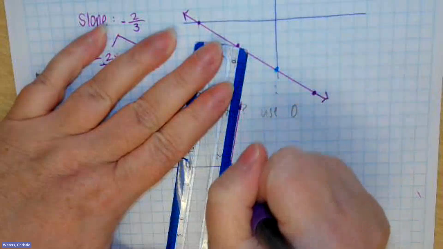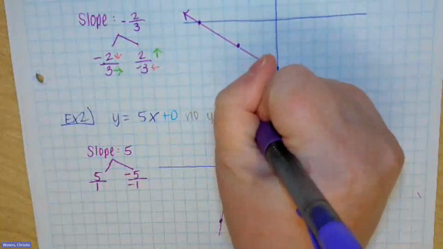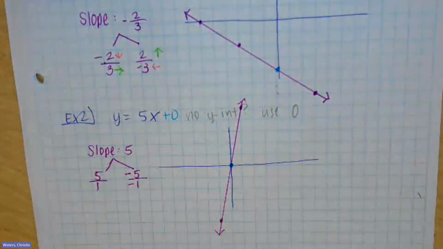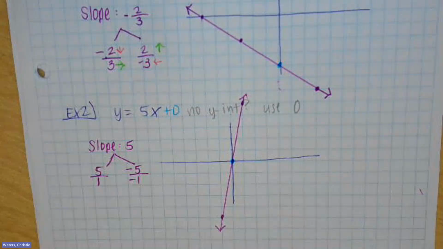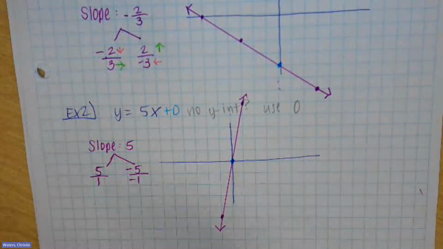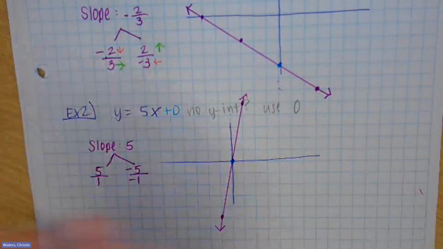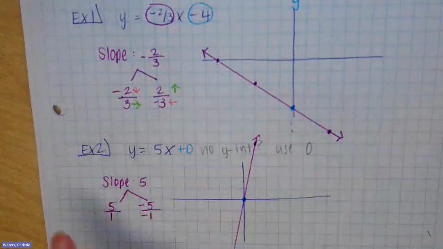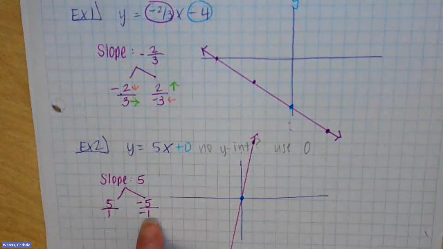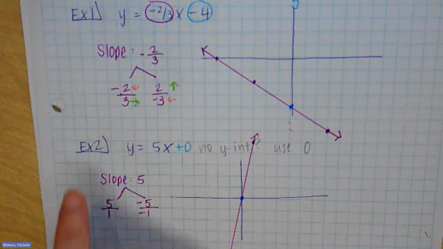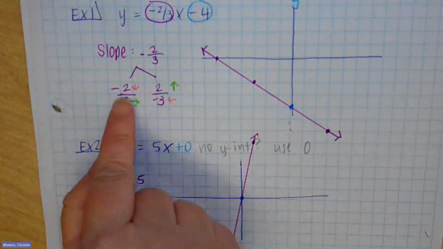So it'll be a good warning to you if your points ever don't line up with your ruler, then you'll know you made a mistake. But as long as all three of them line up, you probably did it correctly. All right, so remember again, every slope has two directions, and the way that you can figure out the second one is just by changing the signs.